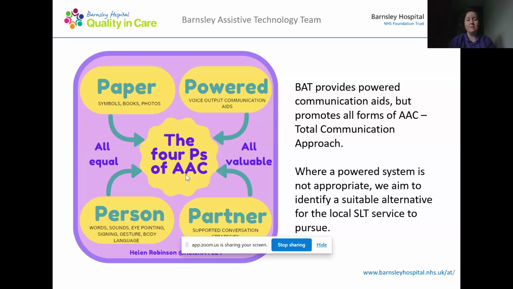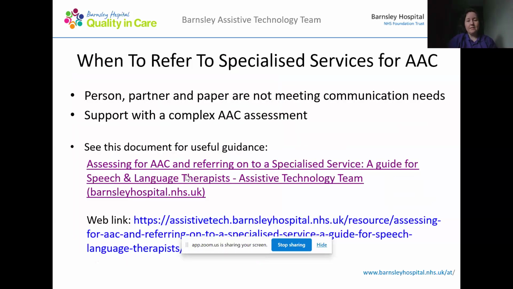We do try and support people to think about the other aspects too, and sometimes other strategies might be more appropriate. So when to refer to us: when the person, partner, or paper-based strategies are not enough and they're not meeting their communication needs, or where somebody needs a more complex communication assessment.